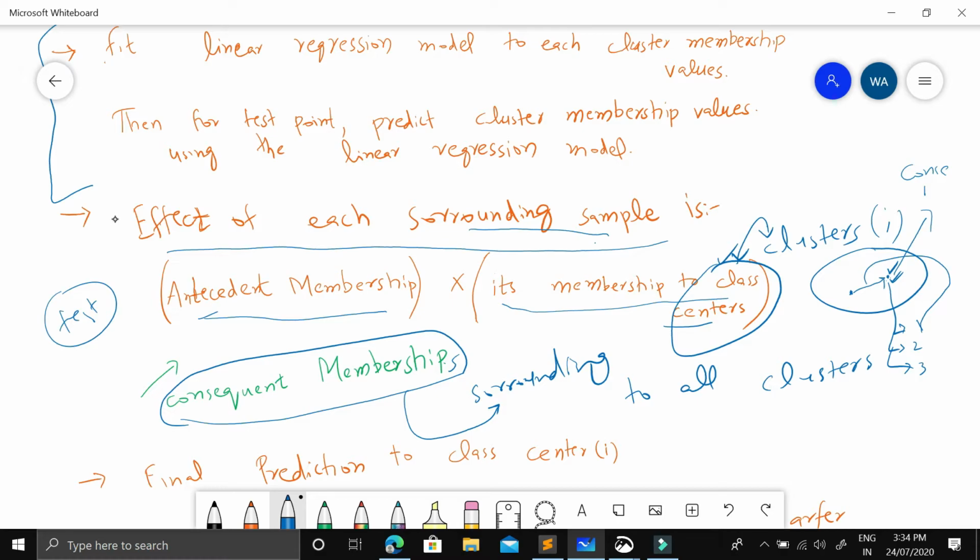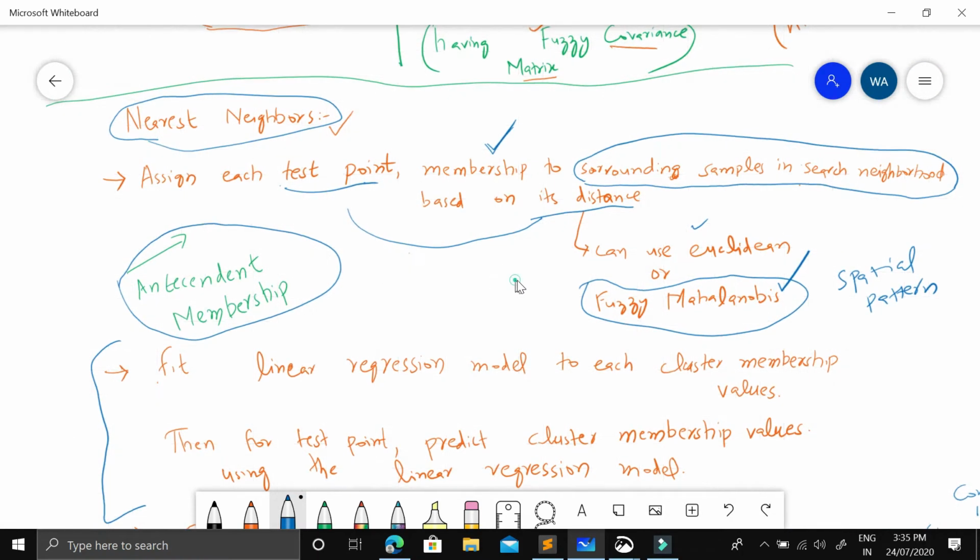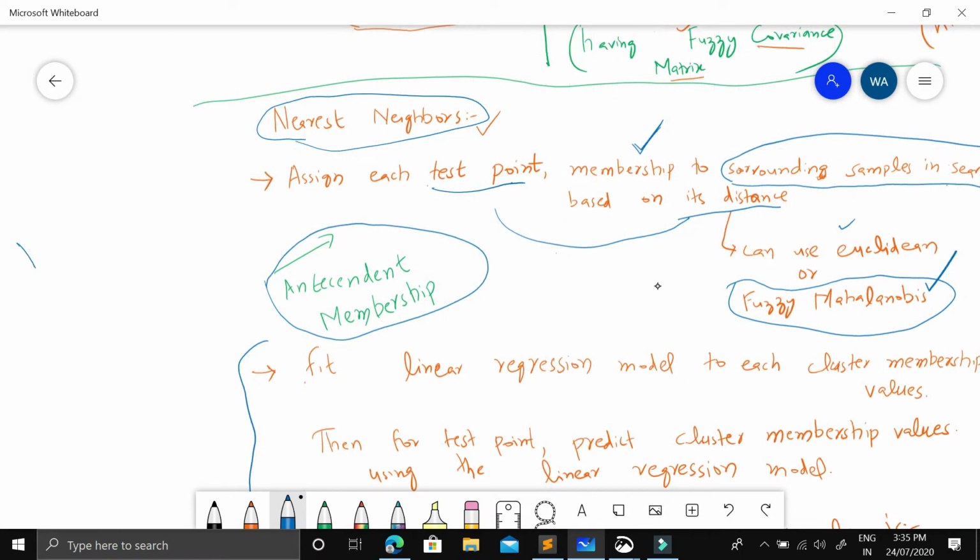Then when this antecedent membership is multiplied with the cluster 2 membership, we get the consequent membership for cluster 2. In the same way for cluster 3. So in a way, what we find out is antecedent memberships and consequent memberships. The effect of each neighboring sample is now encoded in this consequent membership.